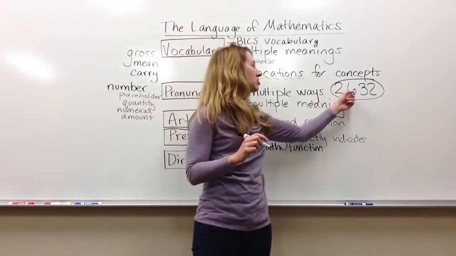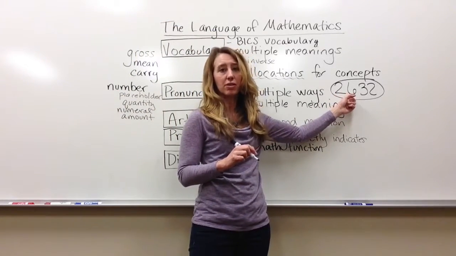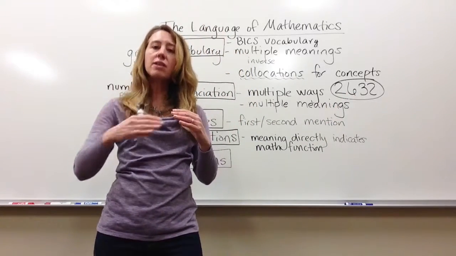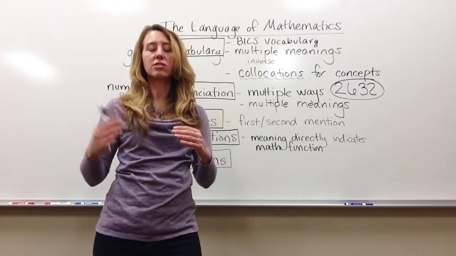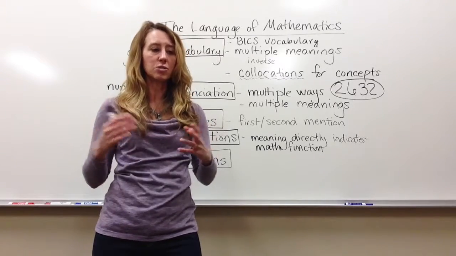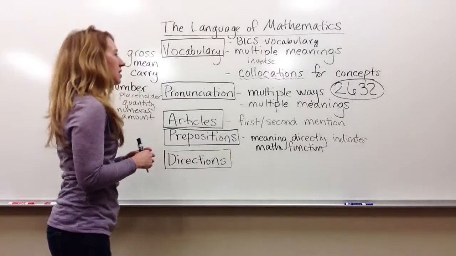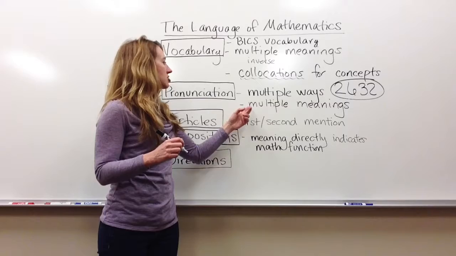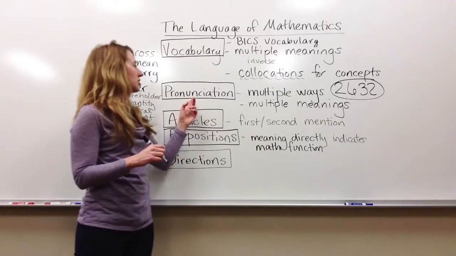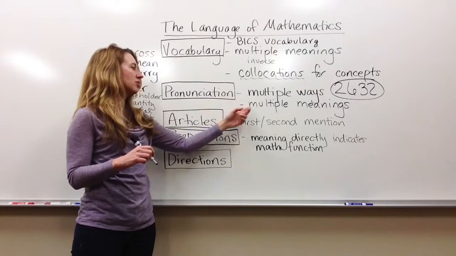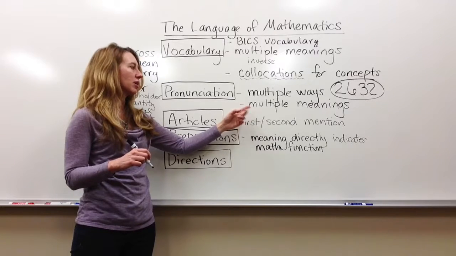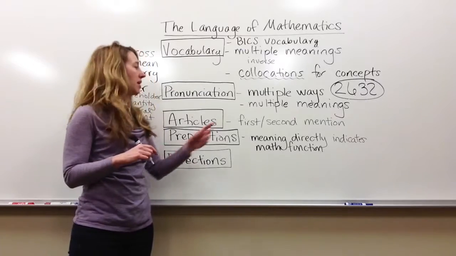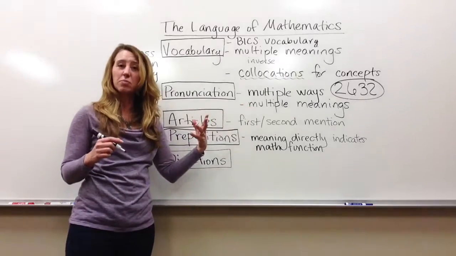And so what you can do with your students is give them that ground zero. Help them realize that this is what it means. And then you can help them realize there's these other ways as well, so they can get exposed to that as well. Okay. And so there's also another level of pronunciation that we need to take account of, and that the same pronunciation can, with mathematics, end up having different meanings.